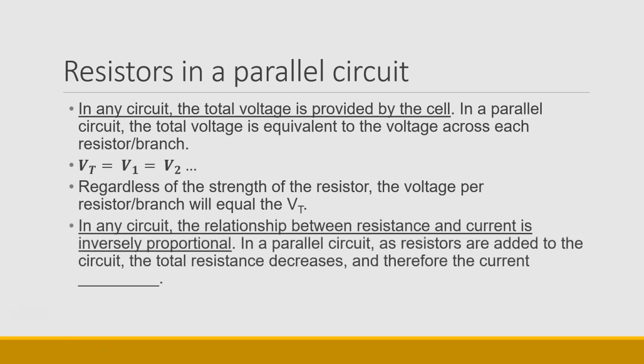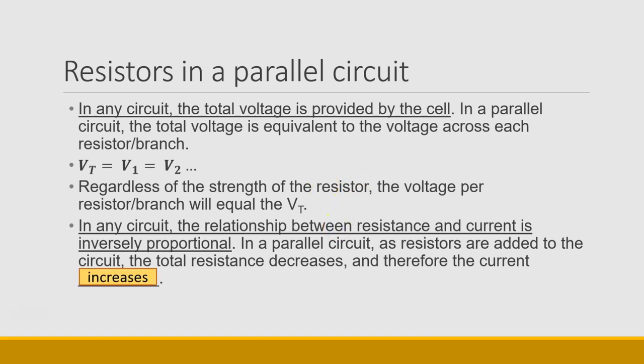We already learned that in any circuit, the relationship between resistance and current is inversely proportional. But what we know is that in a parallel circuit, as we add more resistors in parallel, the total resistance goes down. Therefore, what happens to the current?